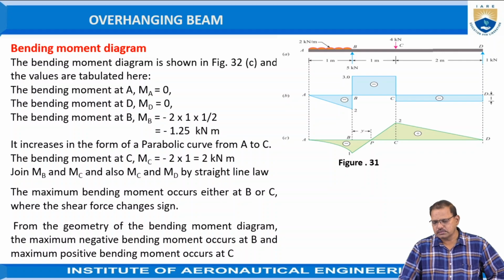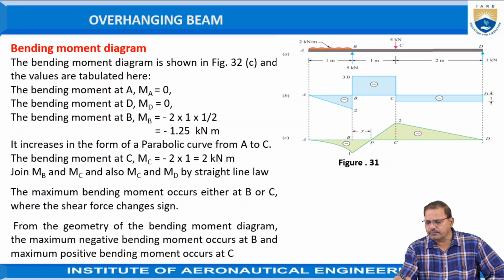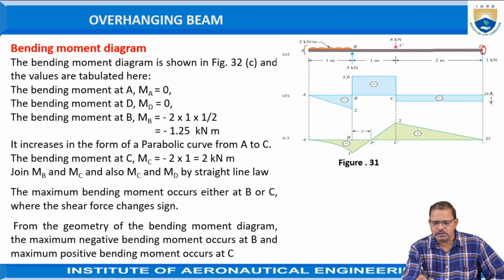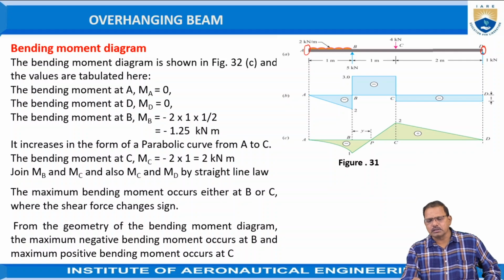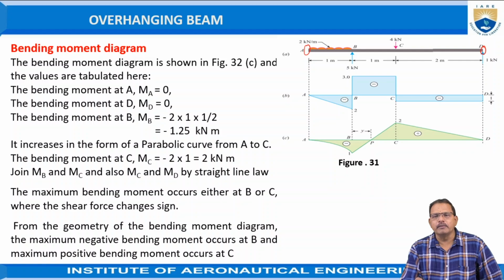Bending moment diagram. The bending moment at D is equal to 0. The bending moment at A is also equal to 0 because these are treated as free ends of the beam. Now the bending moment at point B is required. MB is equal to 2 into 1 into 1 by 2, which is equal to 1 kilonewton meter.